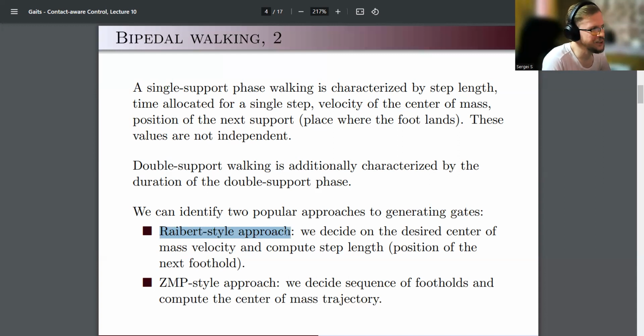Marc Raibert is the person who in the late 80s, early 90s was famous for his work on jumping robots, robots that were able to jump around. They were kind of, you can say, walking robots, but they were more like jumping robots. They were jumping on two feet. But they were moving forward, like they were doing gaits, basically.